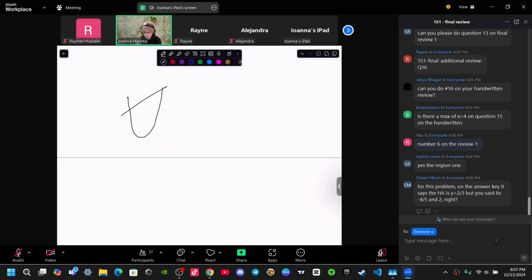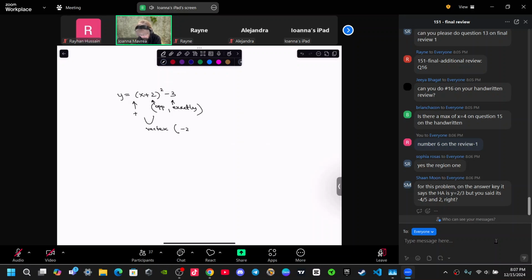So number 13 has a parabola. This is positive, so the parabola opens up. The vertex is going to be the opposite of this number and exactly this number. So the vertex is -2, -3.